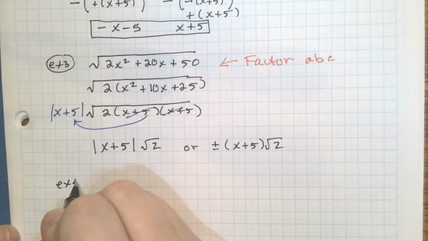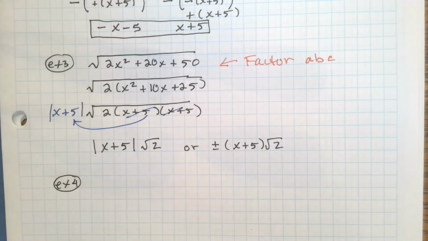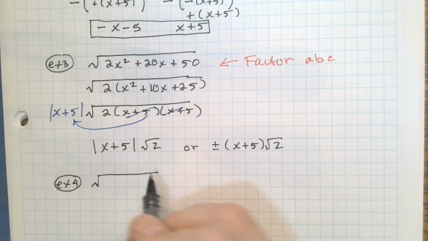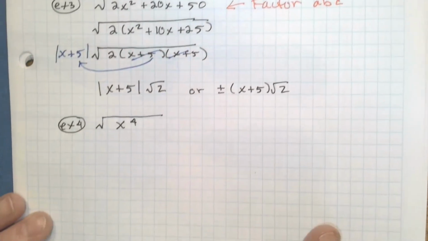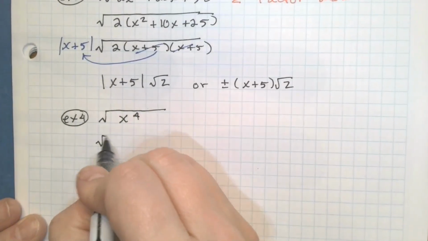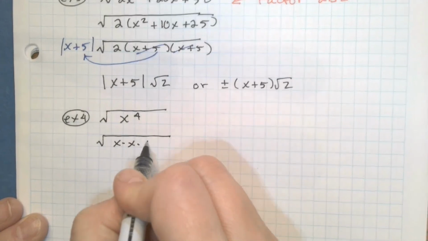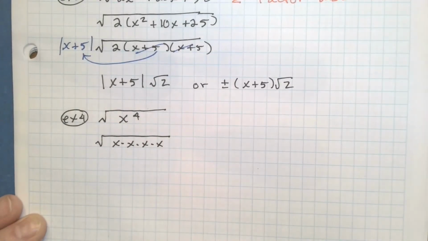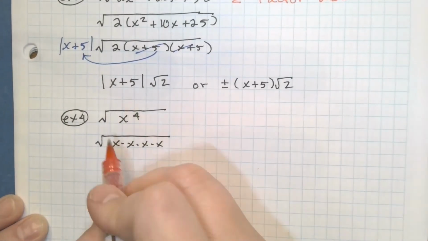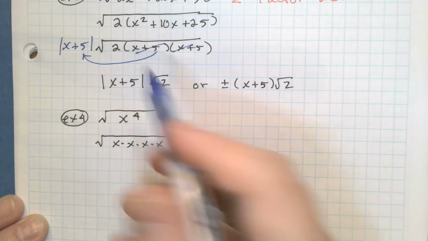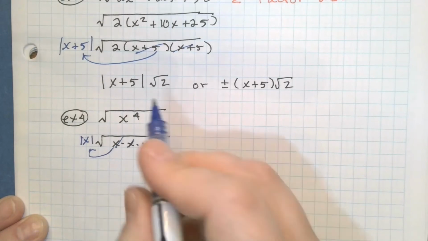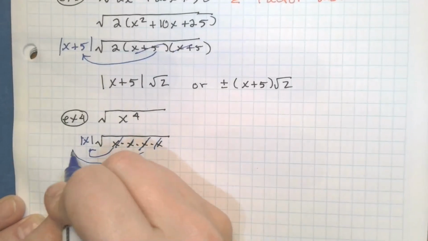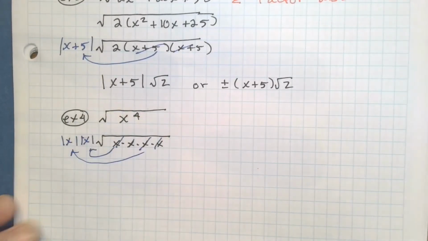All right, example 4. Now something crazy happens when you have more than 2 x's coming out. Let's say you have x to the 4th, which means when you factor it, you have, of course, 4 x's multiplied together. So the first 2, 1 comes out, it gets absolute value bars. The second 2, another 1 comes out, it gets absolute value bars.